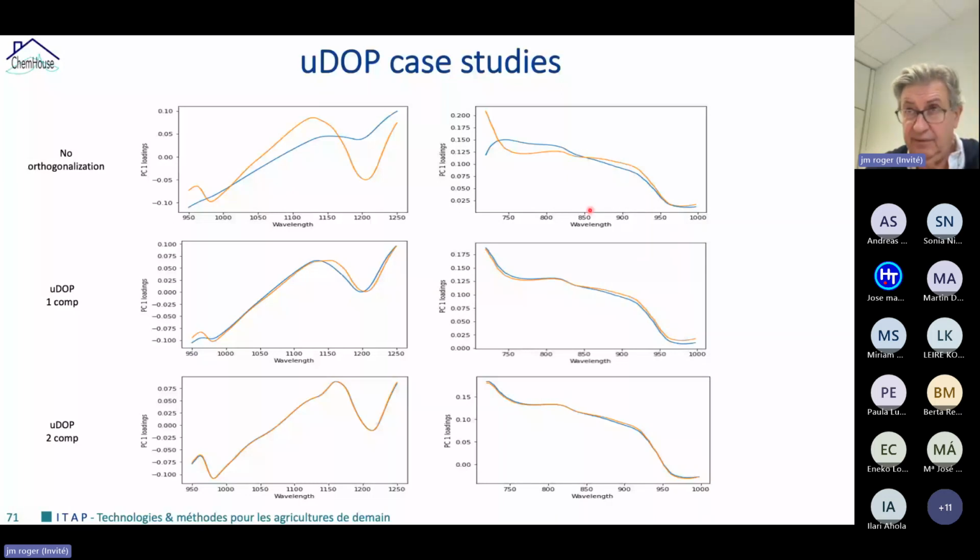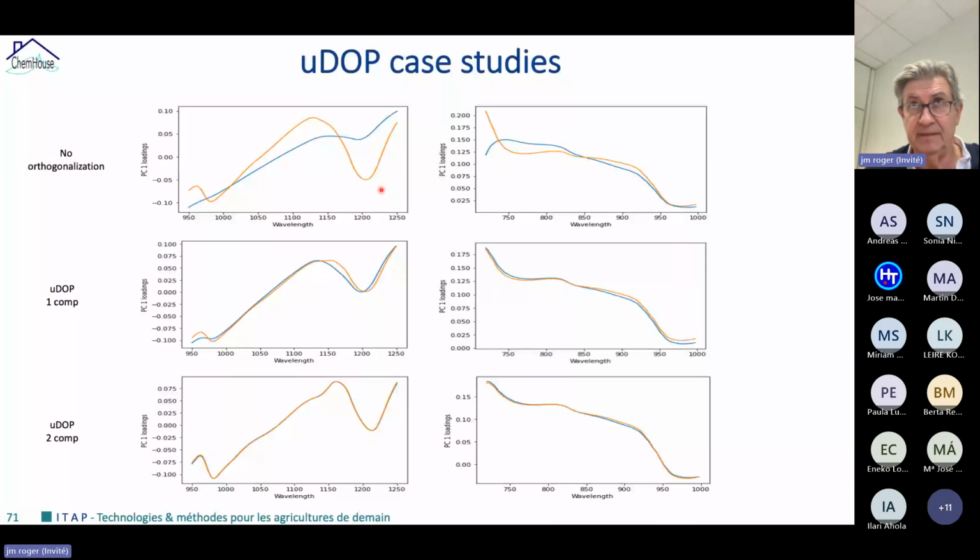Okay. And what is very important is that the shape of the spectra is not completely changed, as we can observe sometimes with EPO or other orthogonalization methods. That means that here, for example, for the rice, we retrieve the typical peaks we have on the source or target domain. I don't know exactly, in fact.